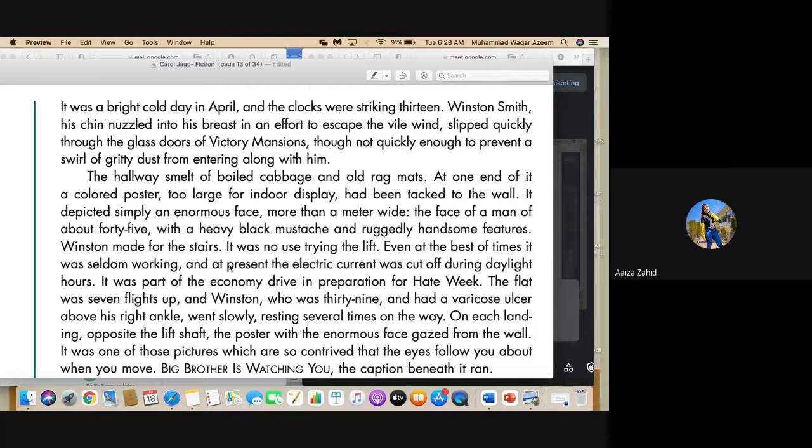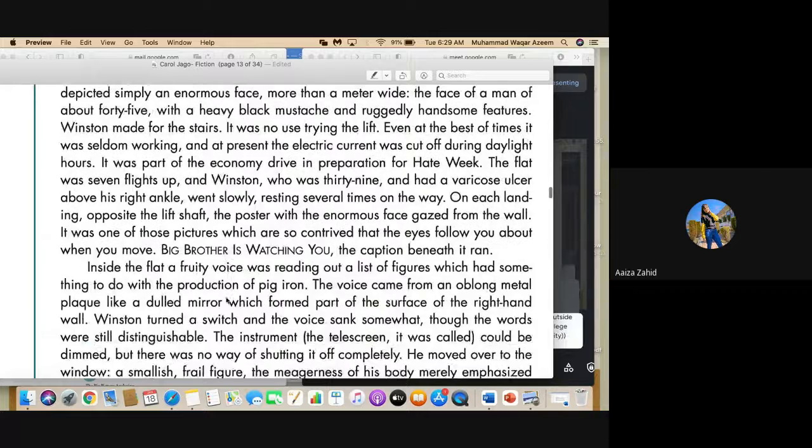On each landing opposite the lift shaft, the poster with the enormous face gazed from the wall. It was one of those pictures which are so contrived that the eyes follow you about when you move. Big Brother is watching you, the caption beneath it ran.